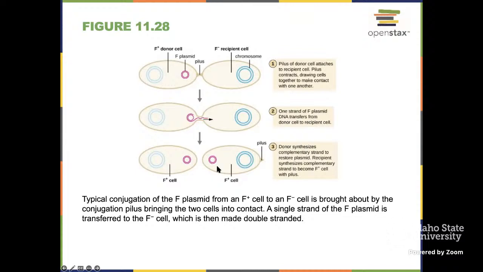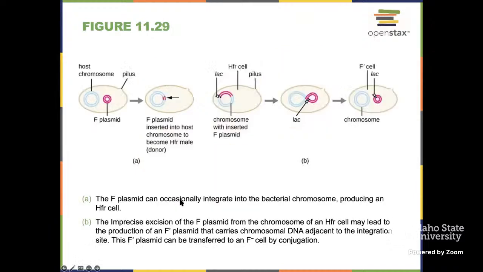There are potentials that we will see shortly where maybe we get a little bit more and we bring some bacterial chromosome along with the plasmid, then we're a little bit different, all right? So this is typical, but there are other issues, all right?